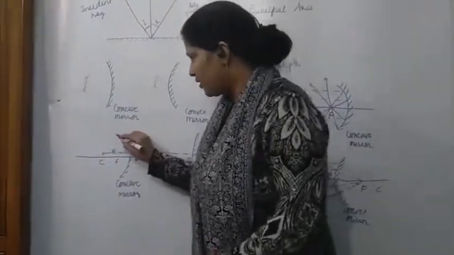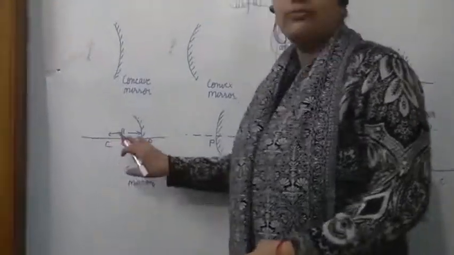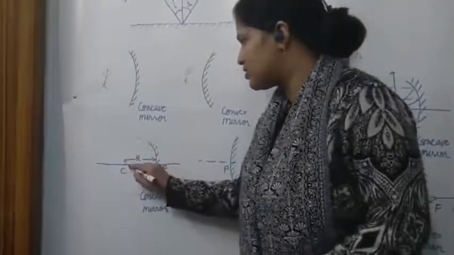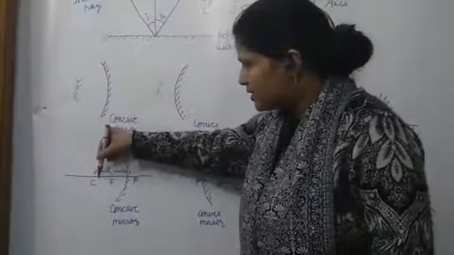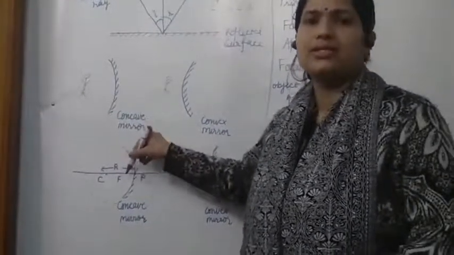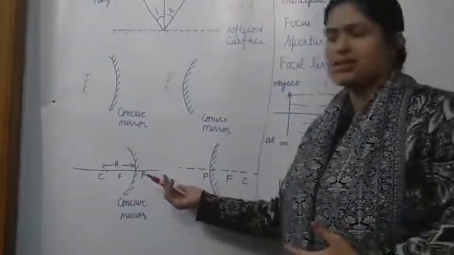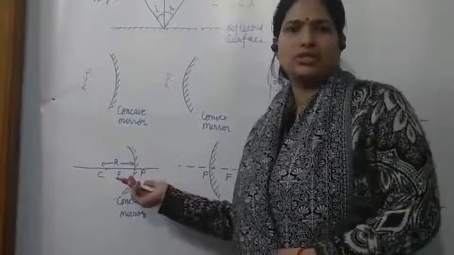Now, if we complete this circle, we will get a sphere of some center that is called the center of curvature, and the distance between the center of curvature and the pole, just like the radius of a sphere, is called the radius of curvature.